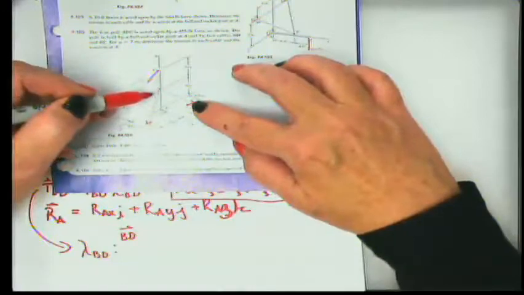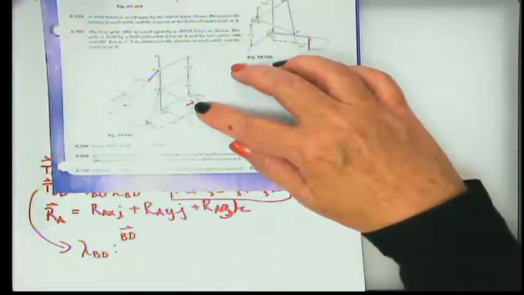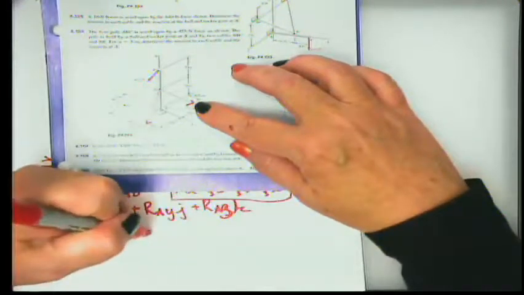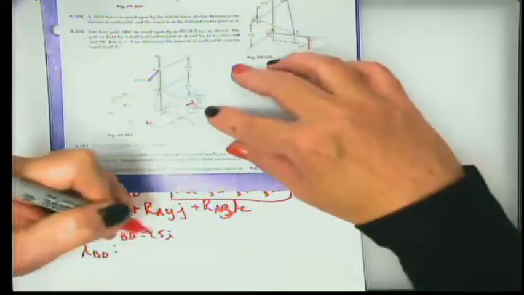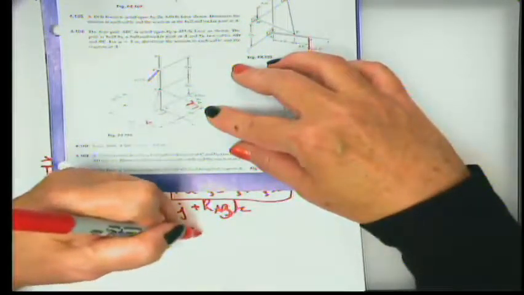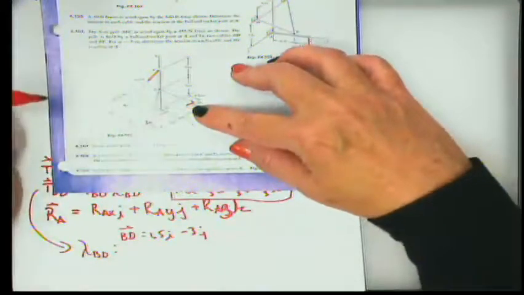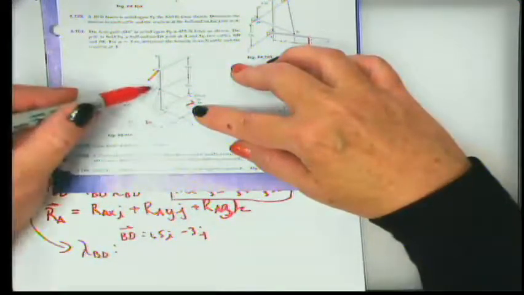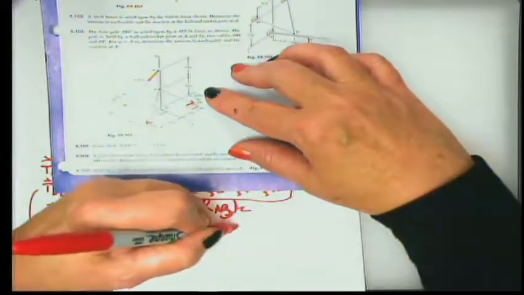Okay, so this time from B to D, in the x direction, we come forward or to the right 1.5 meters, so it's positive 1.5. We come down 3 meters in the j direction, but now in the z direction, we're going back into the board 3 meters, so that's minus 3k.